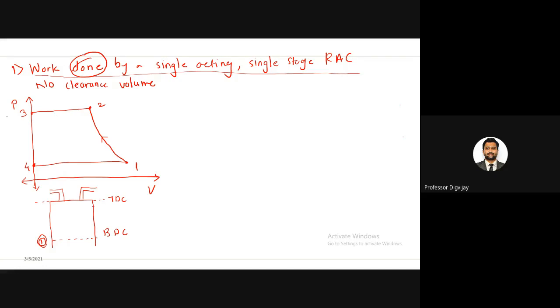Okay. Then I have reached point 3. So point 3 is basically the top dead center. Piston is at top. Then it will start moving in the downward direction, 3 to 4. So at 4 it has created enough suction pressure.